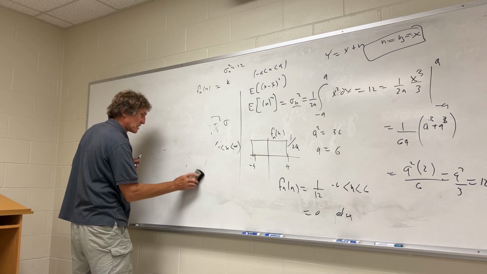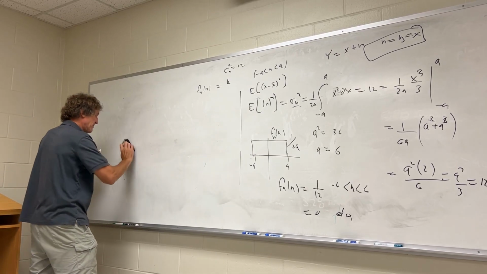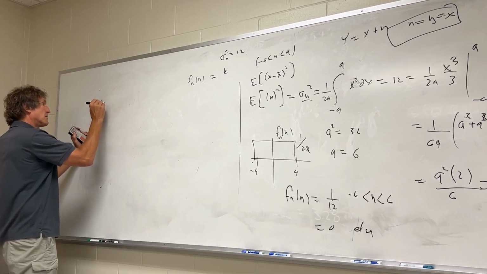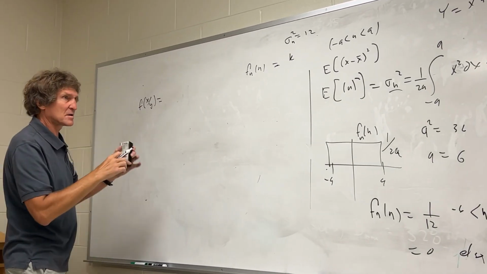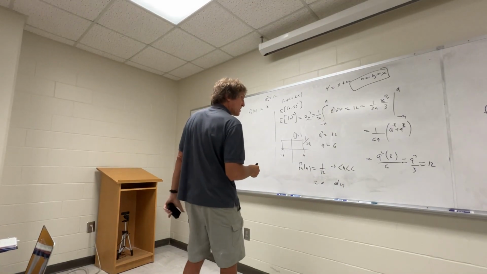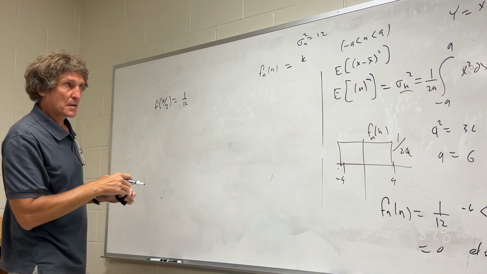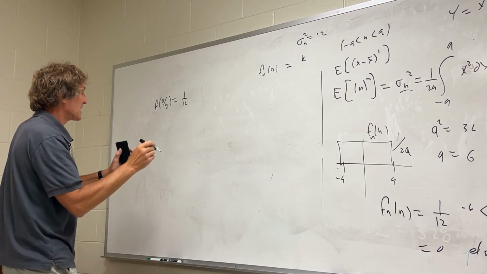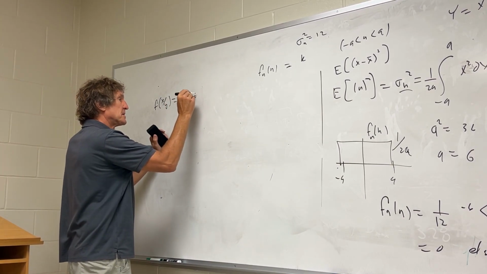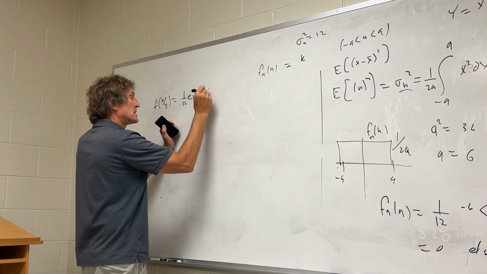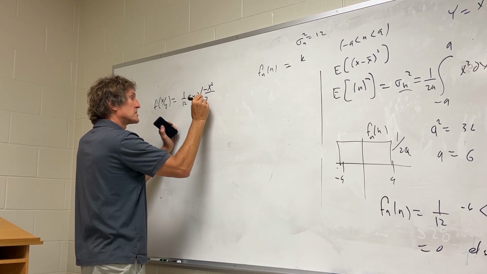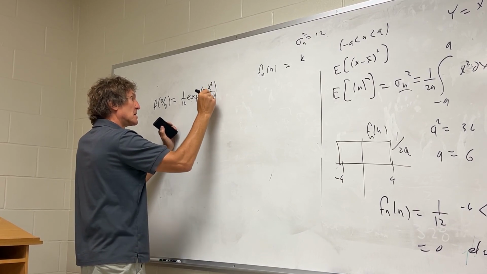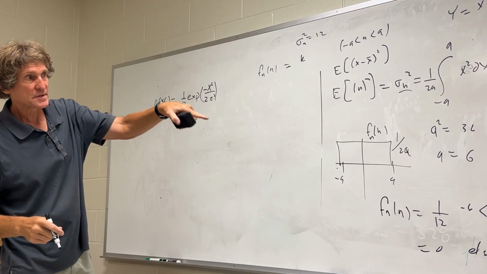So then, now we have f of x given y, and it's going to look like 1/12, and then it's going to be times that exp to the minus x squared over 2 sigma squared times x.